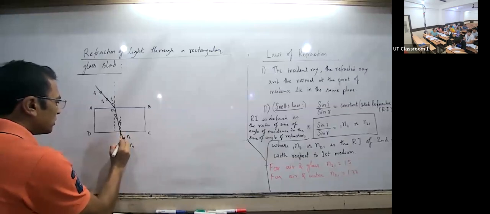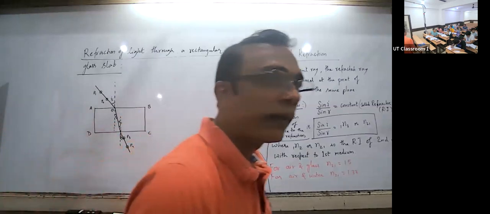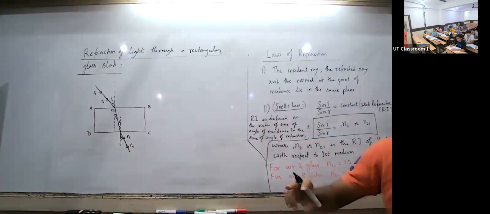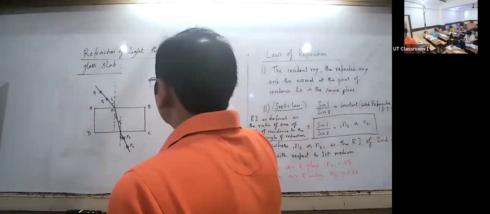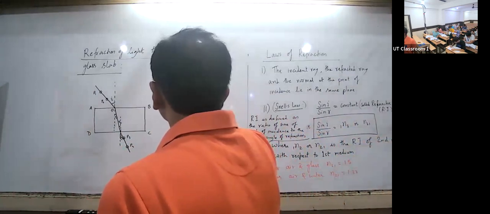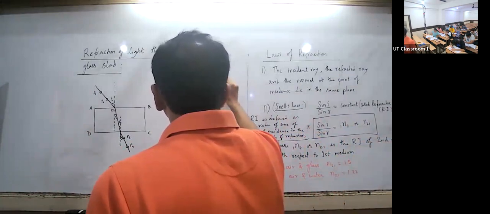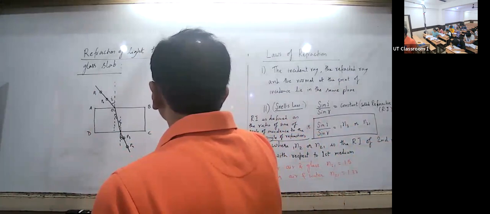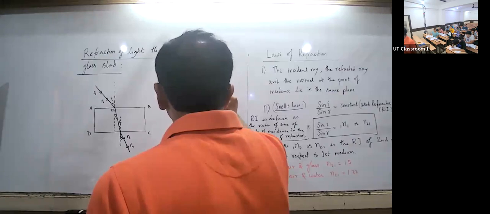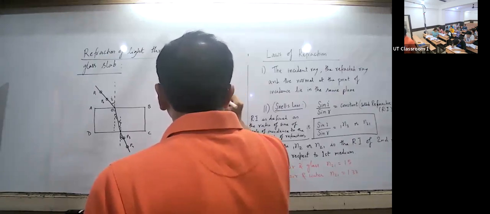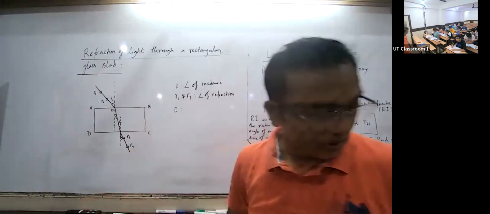You will call this E, the angle of emergence. So let's write down first. I is the angle of incidence, R1 and R2 are the angles of refraction. E is the angle of emergence.